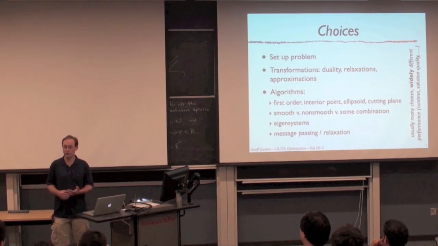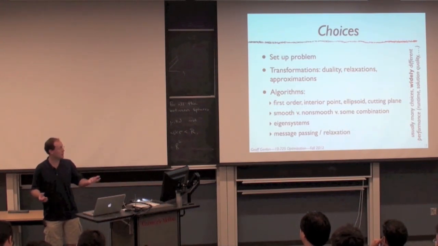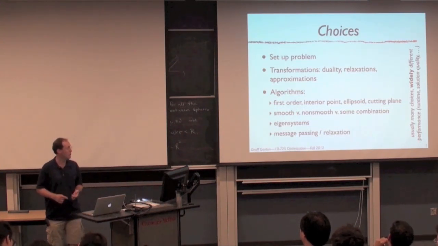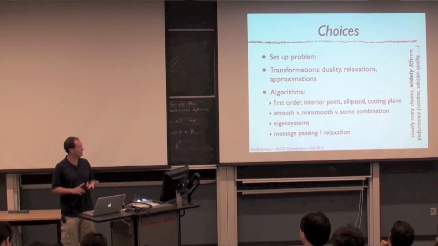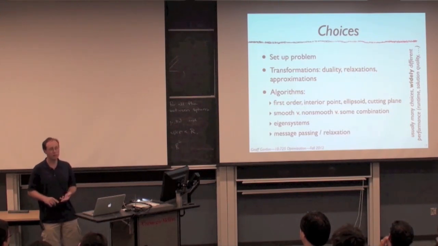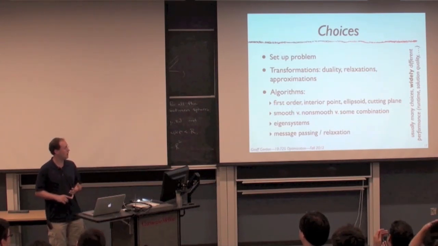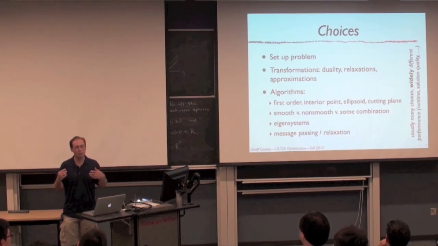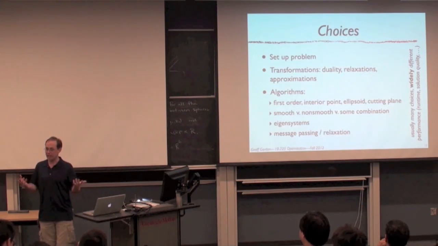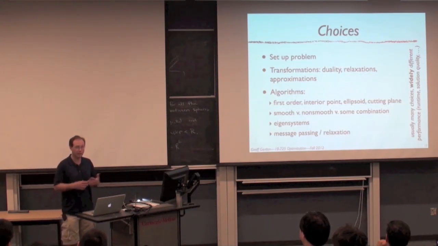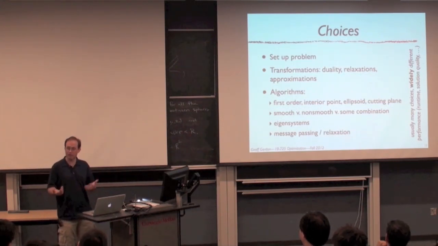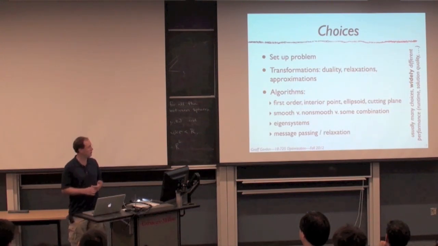And there are a lot of choices for algorithms. Some of the ones that we're going to talk about later in the course are first-order algorithms versus interior point algorithms versus the ellipsoid algorithm versus cutting plane algorithms. The properties of the functions f and g and h in your setup of the problem have a big effect on how easy or hard it is to solve.